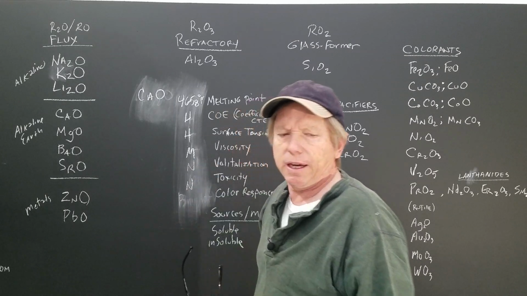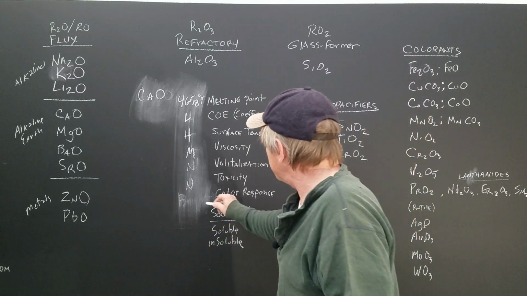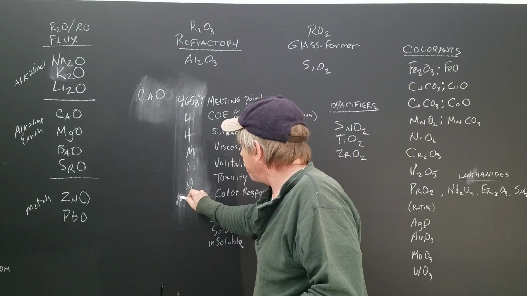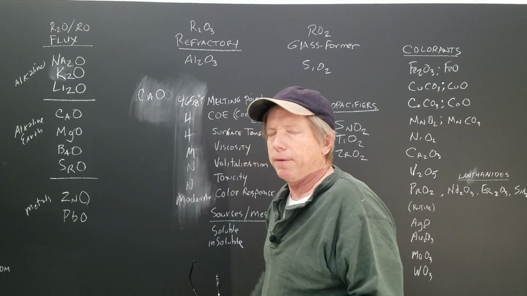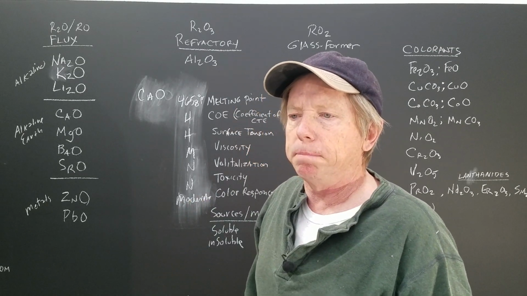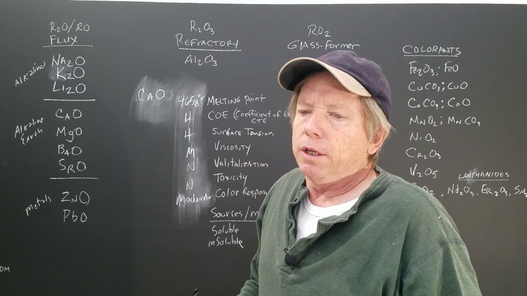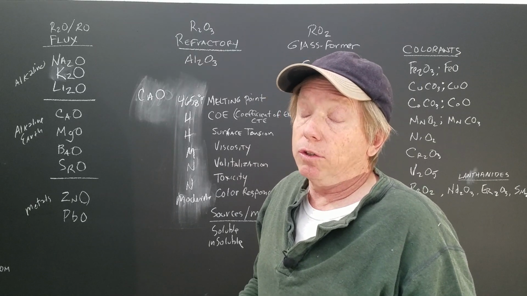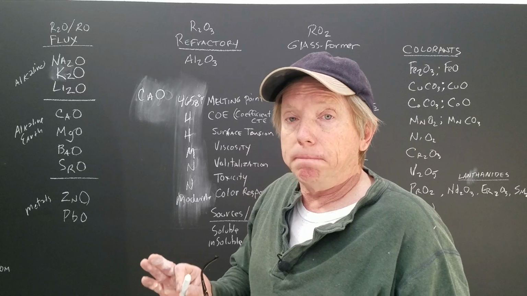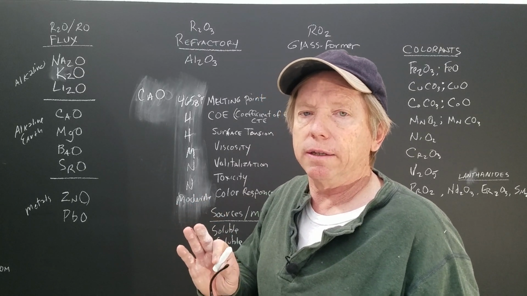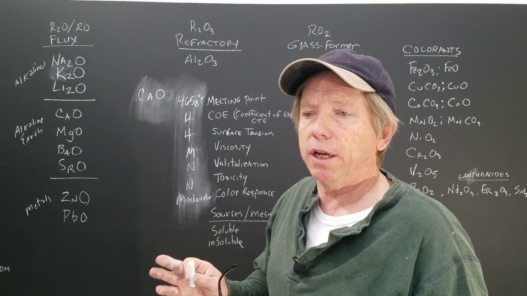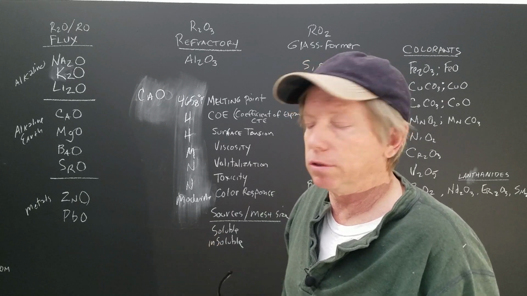It has a moderate color response. What I'm saying about this is that sometimes people say it bleaches iron, so in ash glazes even, or celadons, it'll slightly make the iron a different color, a lighter color that people like in blue celadons or blue-green celadons.